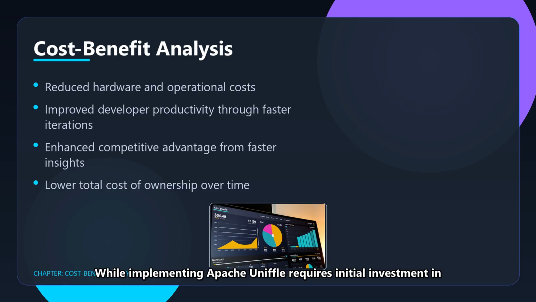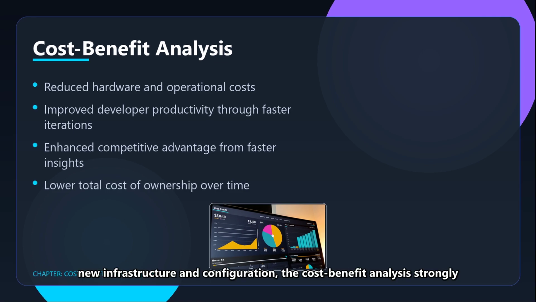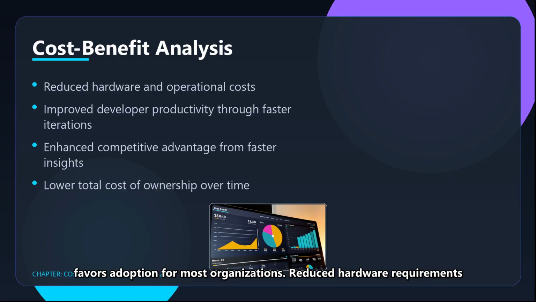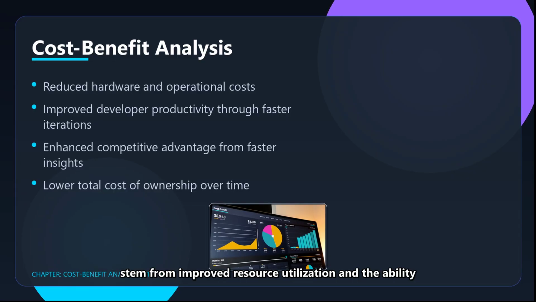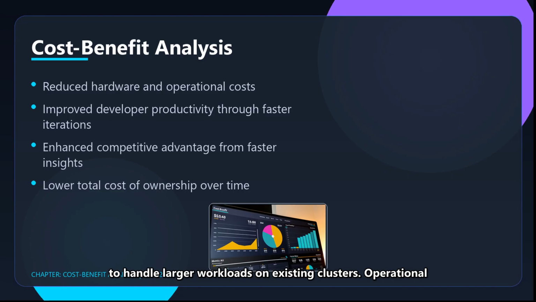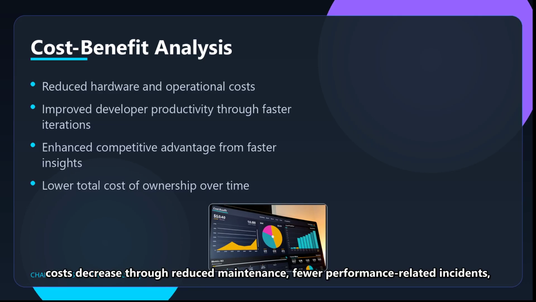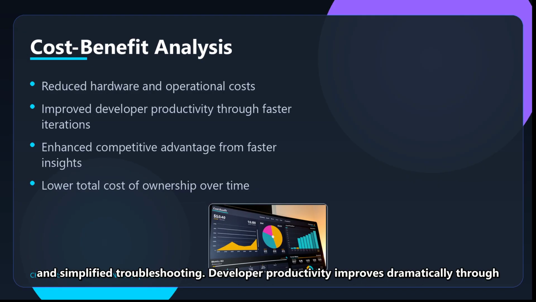While implementing Apache Uniffle requires initial investment in new infrastructure and configuration, the cost-benefit analysis strongly favors adoption for most organizations. Reduced hardware requirements stem from improved resource utilization and the ability to handle larger workloads on existing clusters. Operational costs decrease through reduced maintenance, fewer performance-related incidents, and simplified troubleshooting.